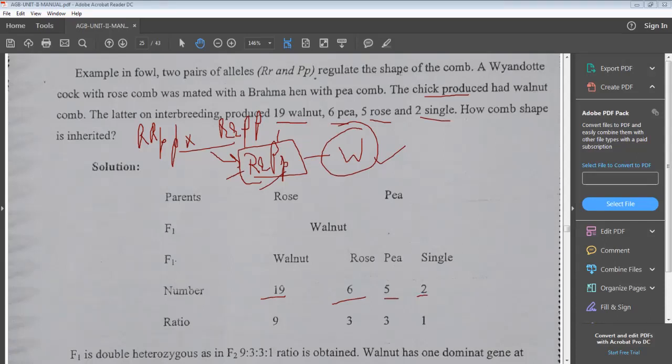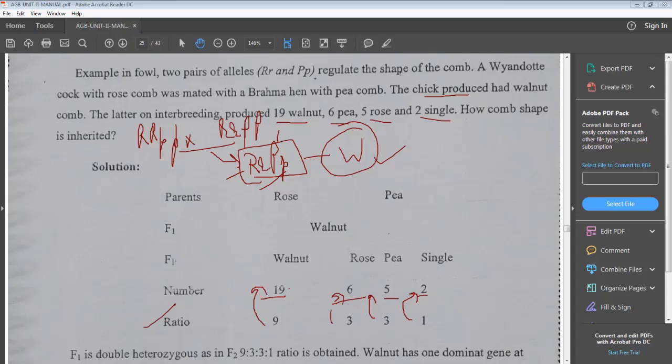You will say that, sir, you had told that the ratio is 9:3:3:1. Okay, so it is just approximately double of the ratio. So this is just the double of that particular ratio.